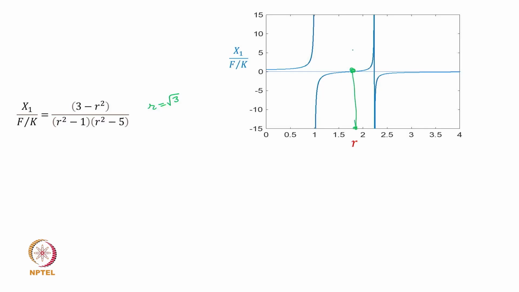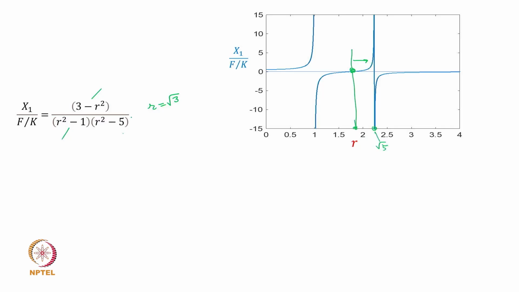And of course, after this particular point, because this is going to be negative, this is going to be negative, so the total response is positive up to this point where the value of r here is square root of 5, right?